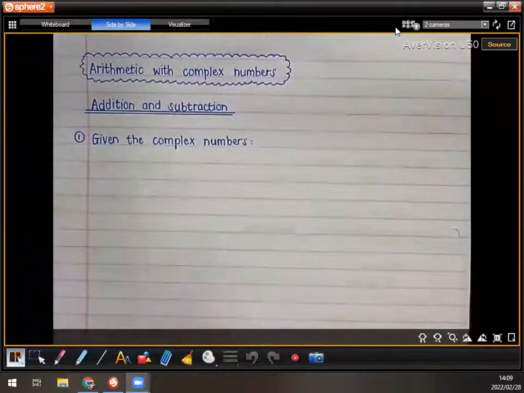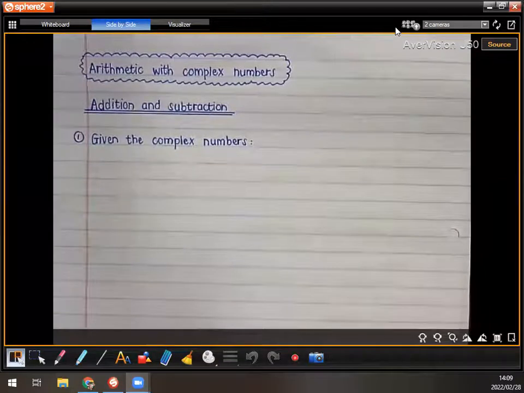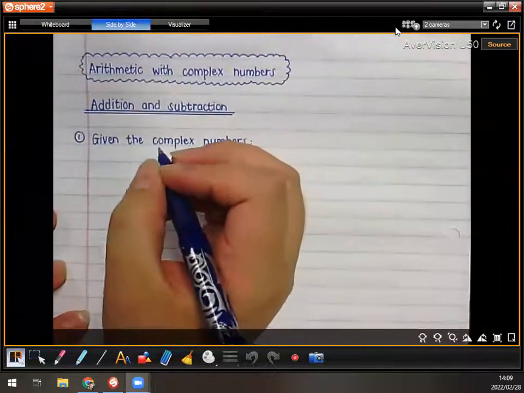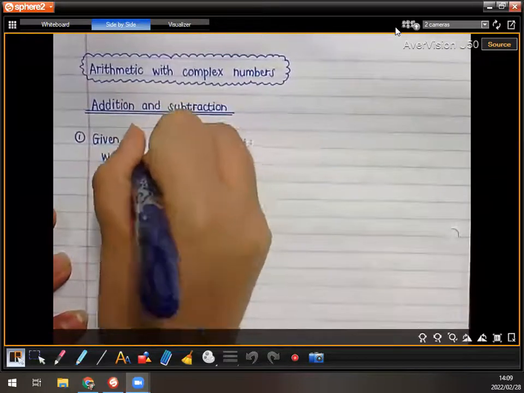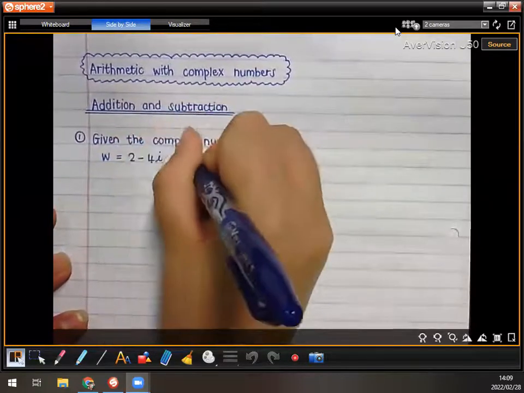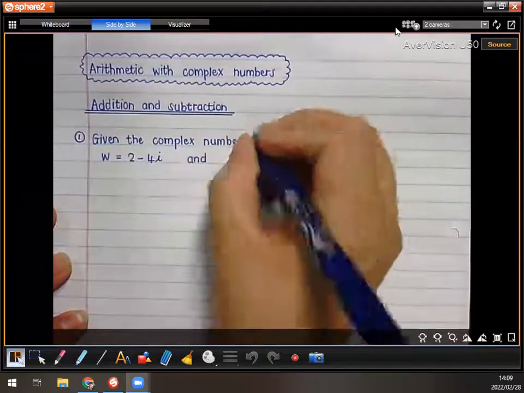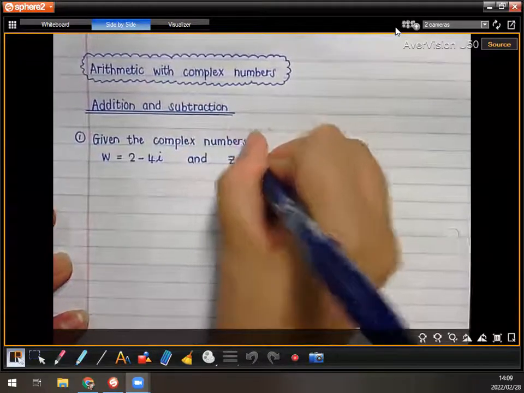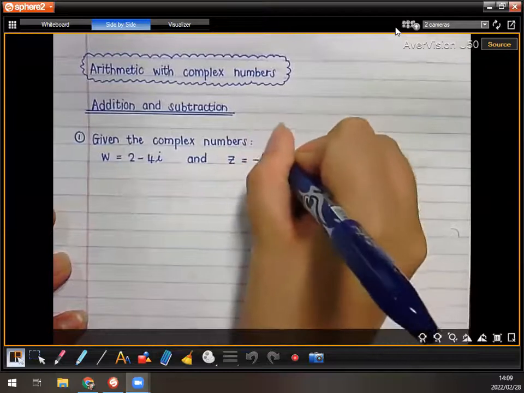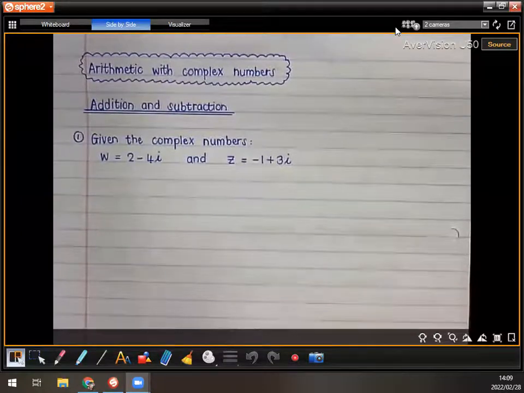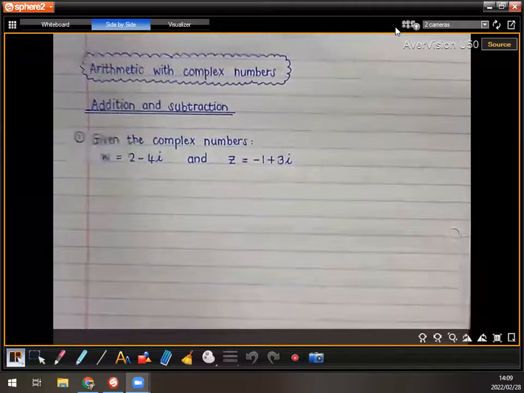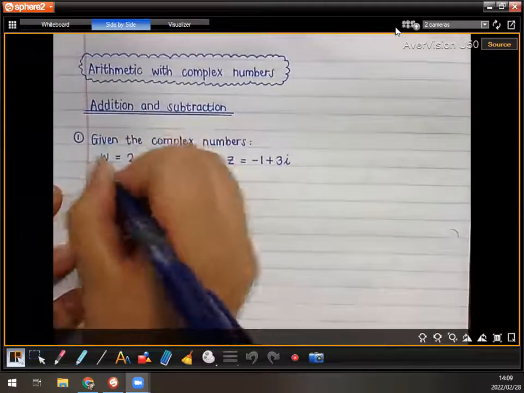W is 2 minus 4i, and Z is negative 1 plus 3i. Those are the two complex numbers that we're going to work with. The reason they are given names is so that in a calculation I can just say, what is W plus Z? That is the first one we're going to do.